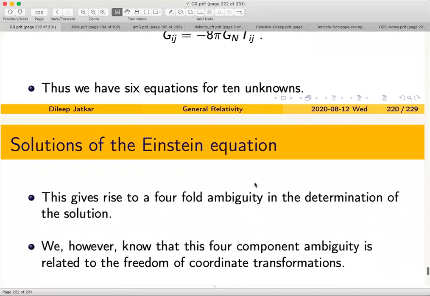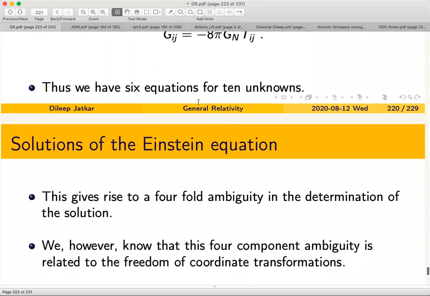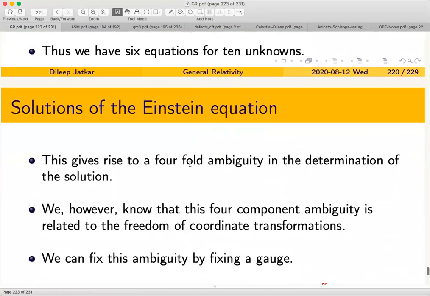Okay. So of course this gives rise to a fourfold ambiguity in determination of the solution, because out of 10 unknowns in g alpha beta of x, which is the metric tensor, only six of them could be determined from these equations of motion. But by now we know what this is. This fourfold ambiguity is just related to the statement that whatever solution you have got, you can always do a general coordinate transformation of that solution and you get a new solution.